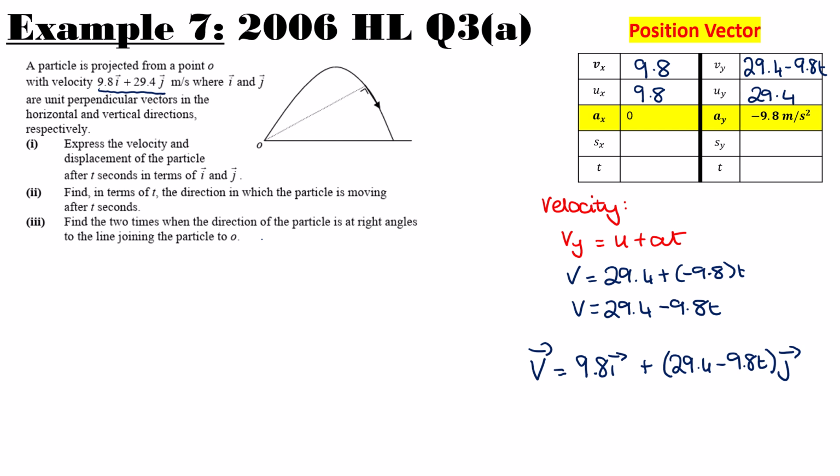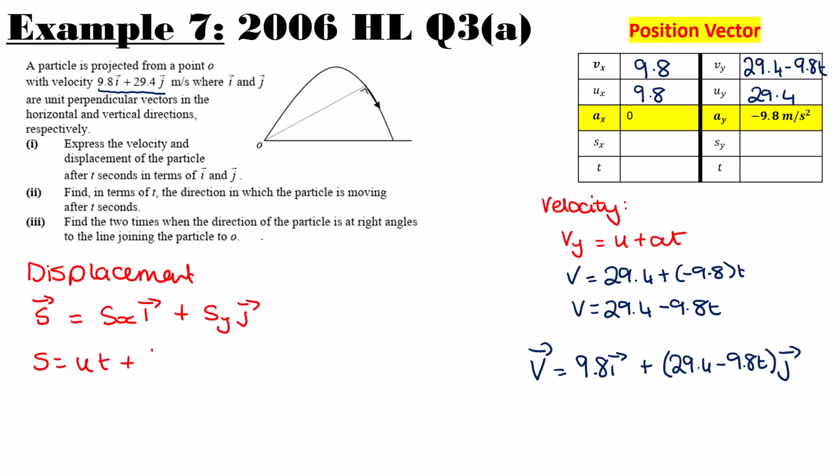The second is our displacement vector. I'm still going to use my s for this. So we want the s vector, which is sx and sy, neither of which we have, so it's going to be sx i plus sy j. Let's work them both out using s is equal to ut plus a half at squared.